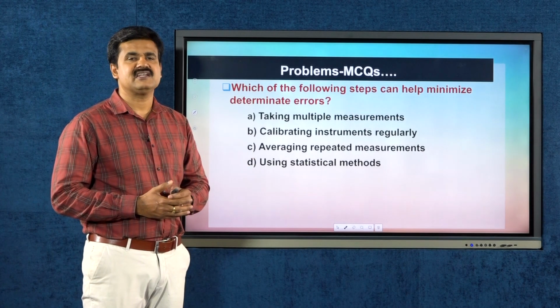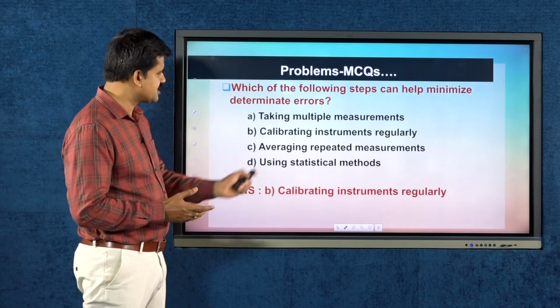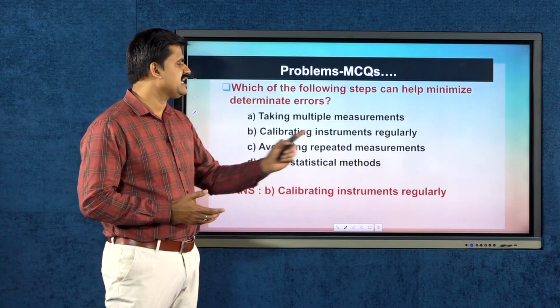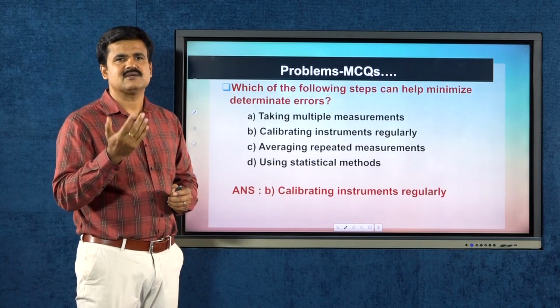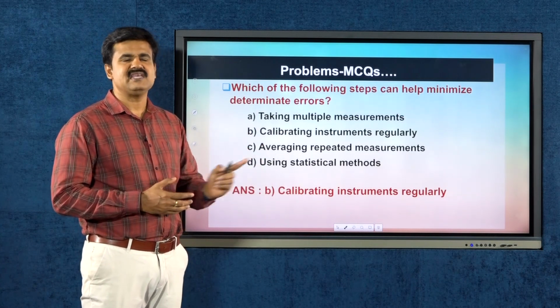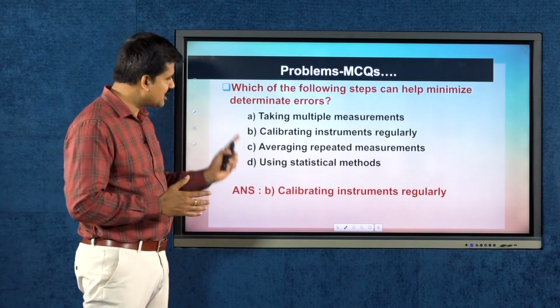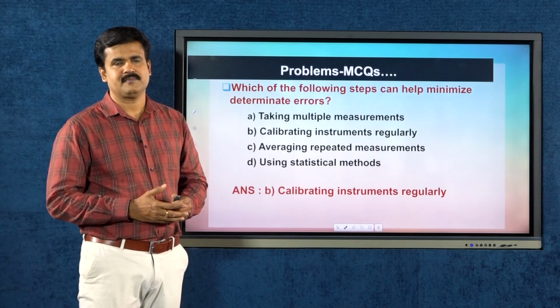On careful analysis of these options, we can arrive at the conclusion that option B, that is calibrating instruments regularly, can reduce or minimize determinate errors. So, option B, calibrating instruments regularly, is the most appropriate answer to this MCQ.